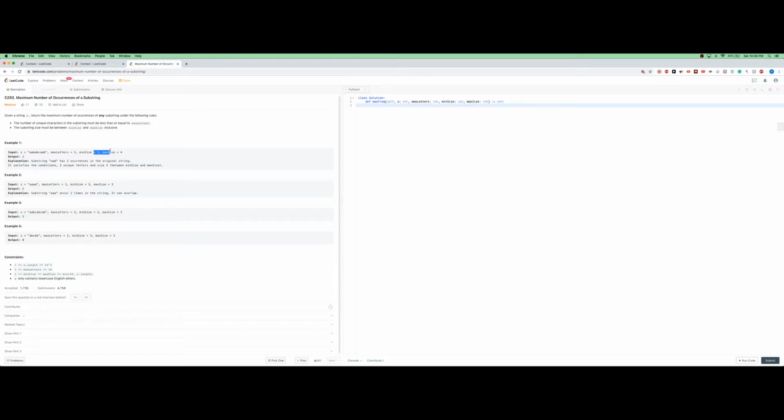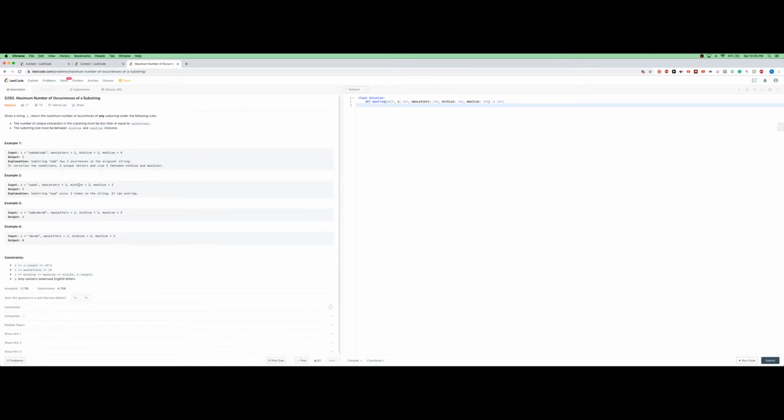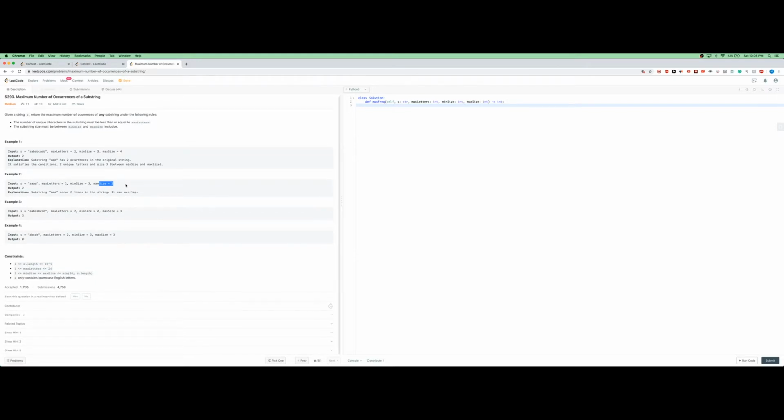Okay, so let's look at this example. This one is for A's, max letters is 1, and so there is only A, so that's valid, the first condition. Second condition, this is 4, it's not valid. But if we take AA, not just one A, AA occurs 2 times, and unique characters is just 1 A, so it's valid, but it doesn't occur 3 times.